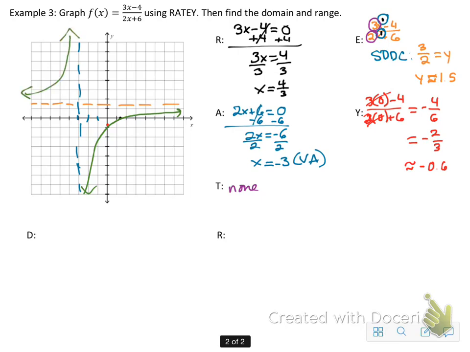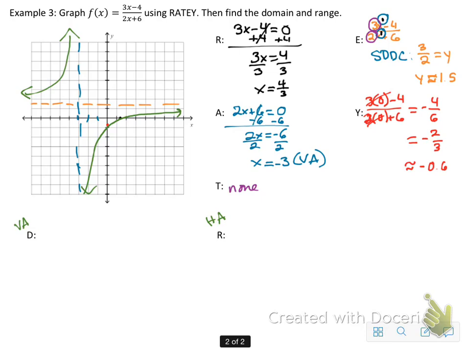So there we go. And domain and range are the same as they were the last time, right? You're dealing with your vertical asymptote for your domain and your horizontal asymptote for your range. That's what's helping us.